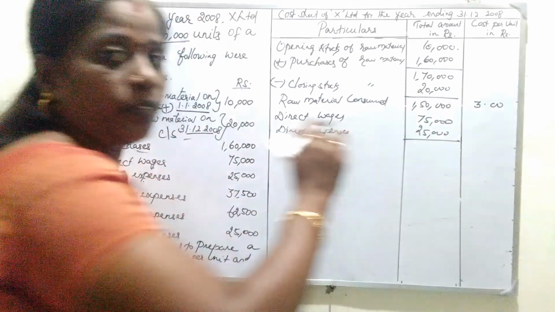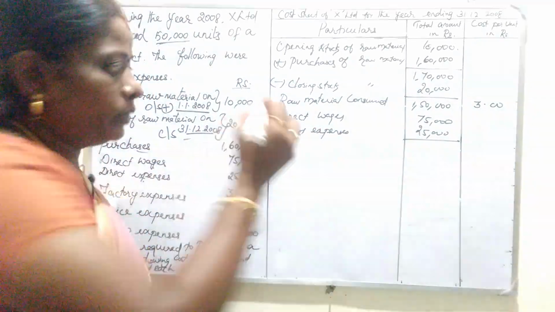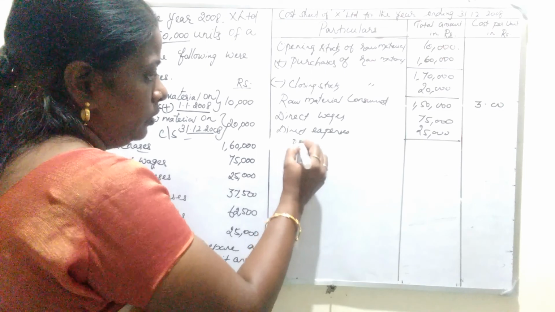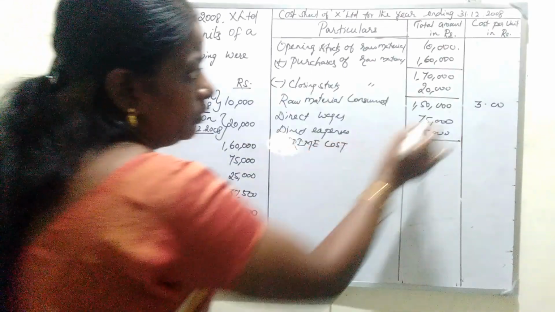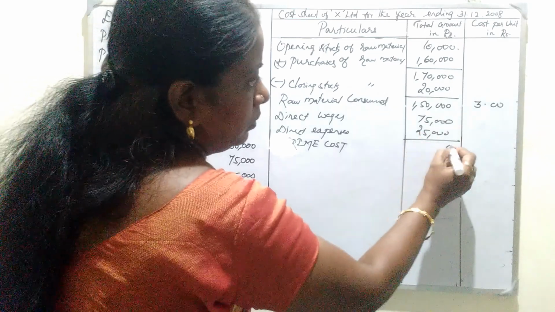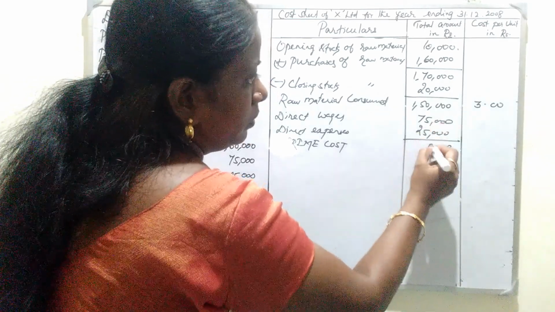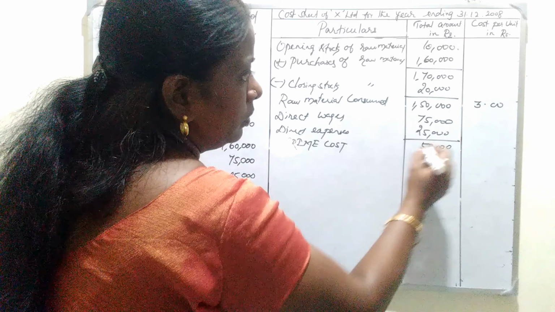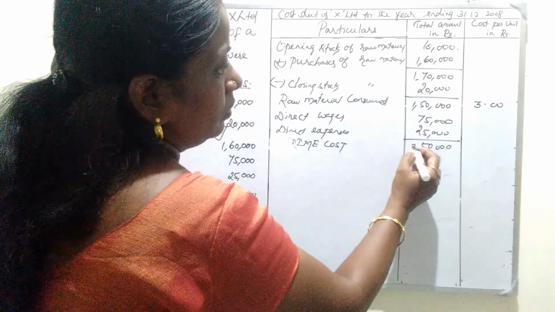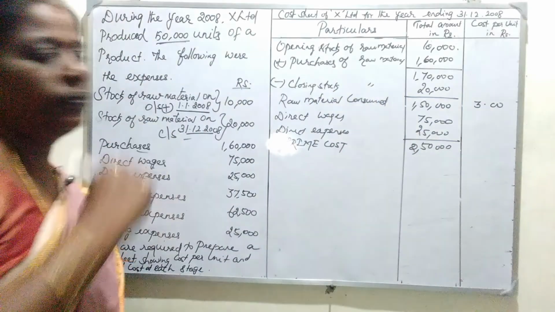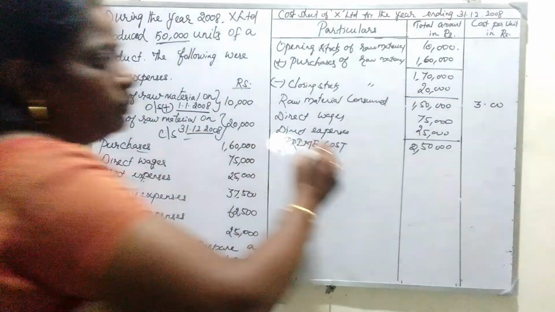The aggregate of these three is called prime cost. Prime cost value is 2,50,000.